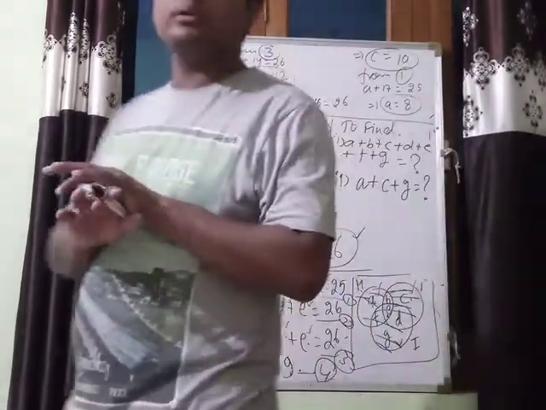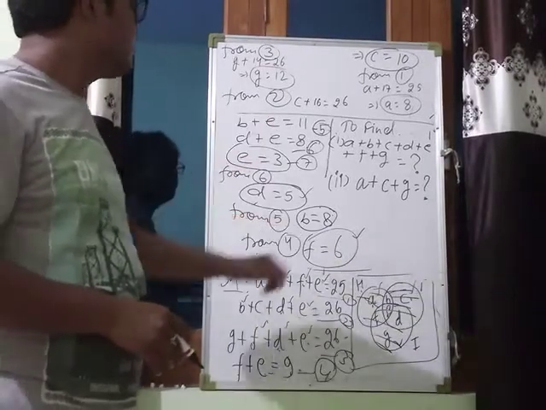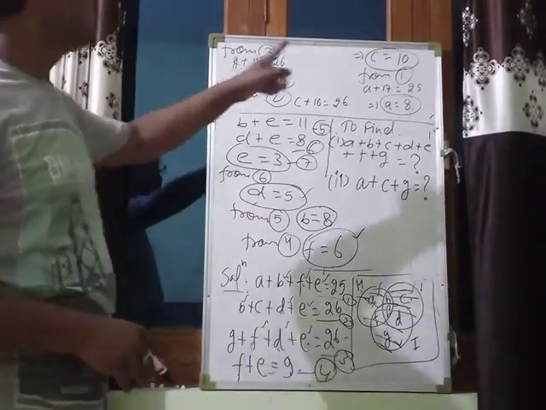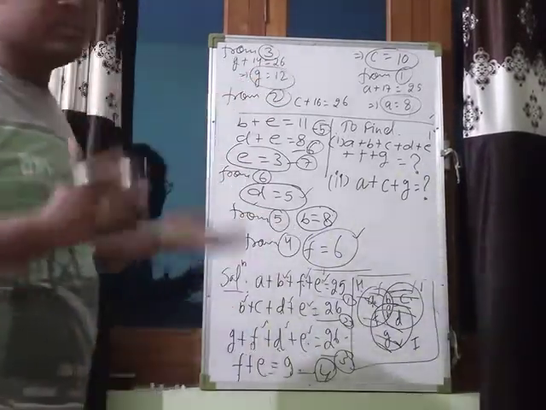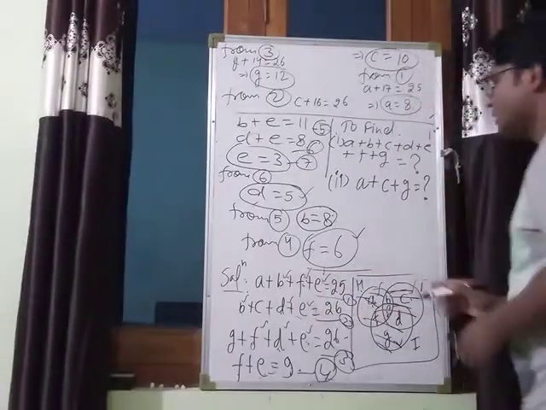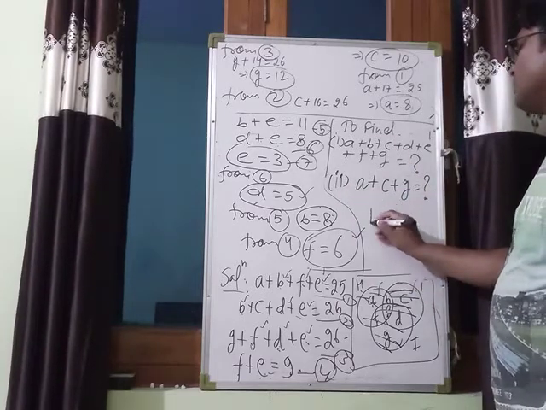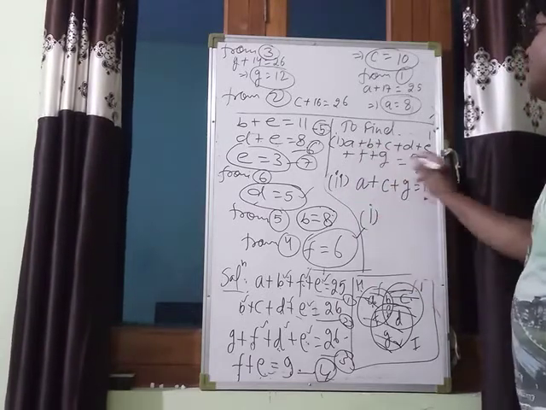Now we have the values of A, B, C, D, E, F, and G. Now I am going to solve this one. What is the value of the first one?